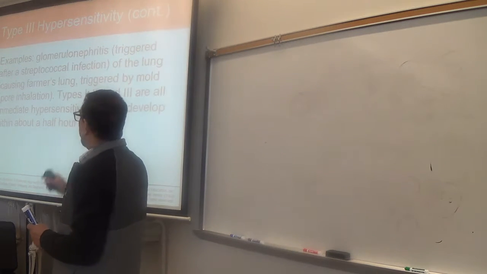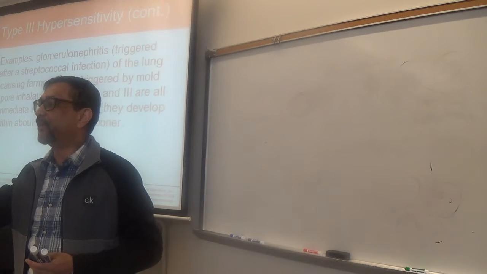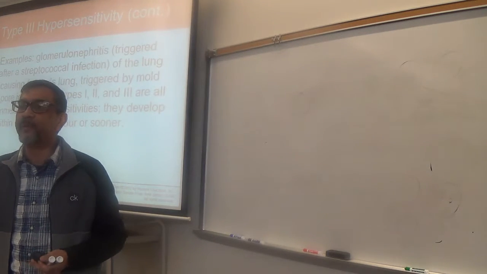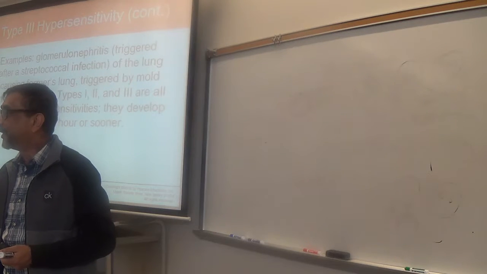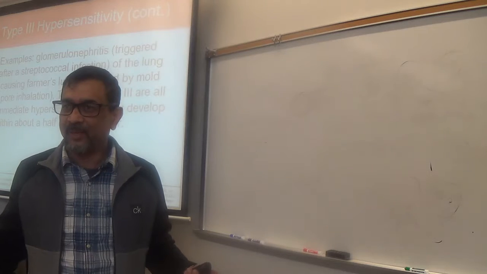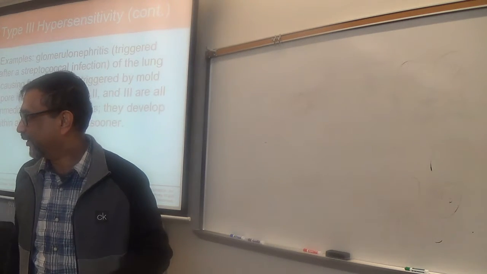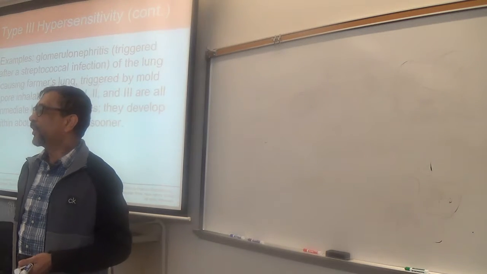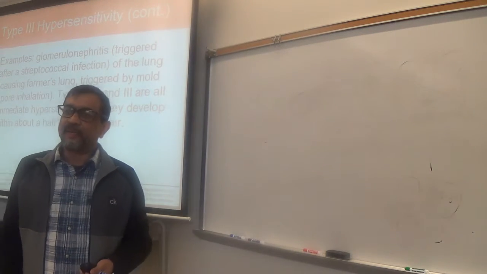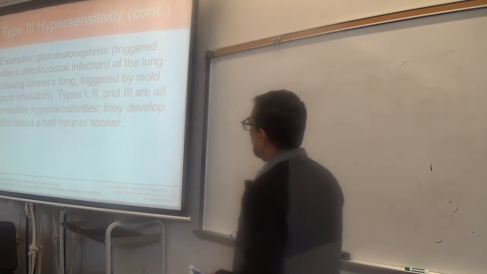Example, glomerular nephritis. If you hear the term nephritis, that means inflammation or infection of the kidney, nephrons. You know nephrology, right? We use the term nephrology, meaning the study of kidney disease. So glomerular nephritis is the inflammation of kidney tissue.